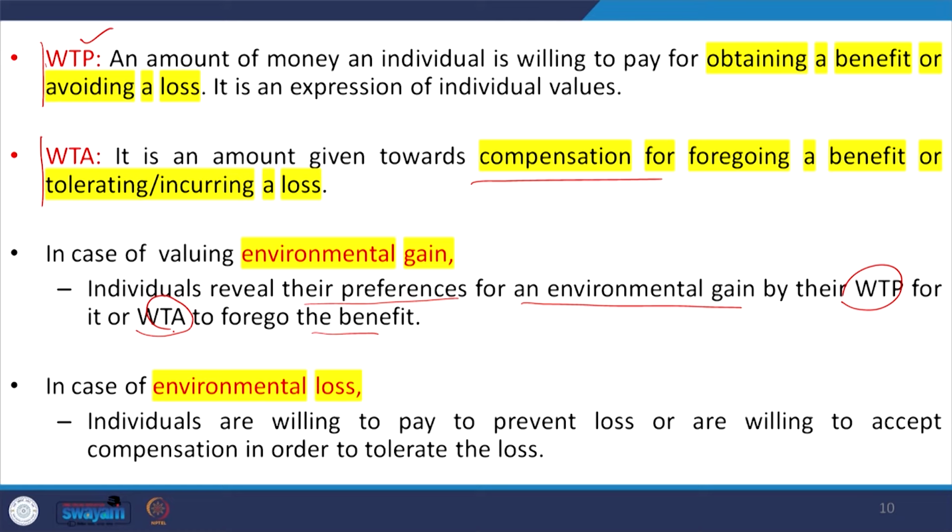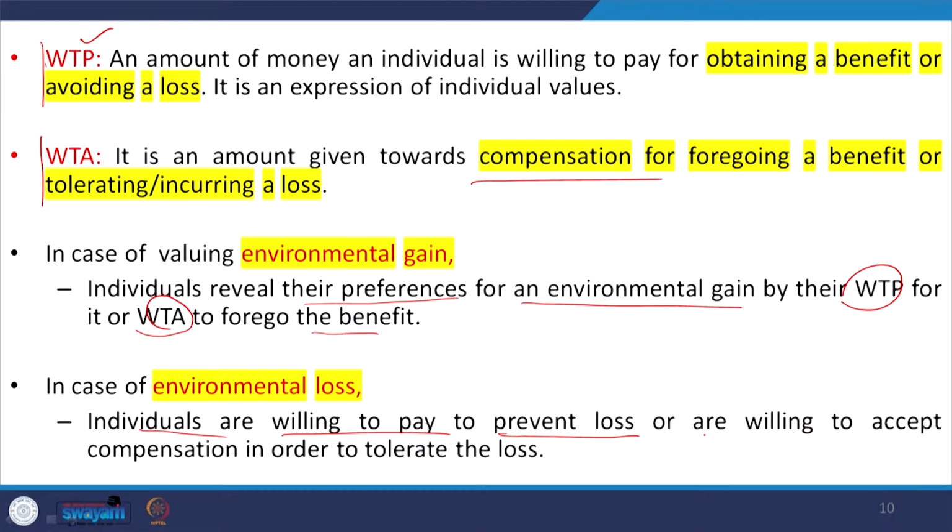Here, individuals are willing to pay to prevent the loss, since when the policy is to be implemented they anticipate a loss, and obviously they will try to prevent it. Or the second thing is that they will be willing to accept compensation in order to tolerate the loss and let the particular policy be implemented.